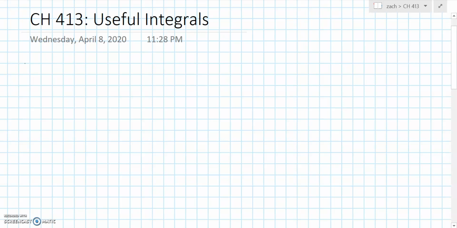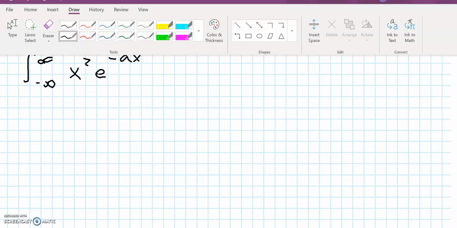So let's say we have the integral from minus infinity to infinity of x squared e to the minus ax squared. So right away it isn't exactly clear how to solve this, but let's take a look at a little trick. So I'm going to write this in a different color.